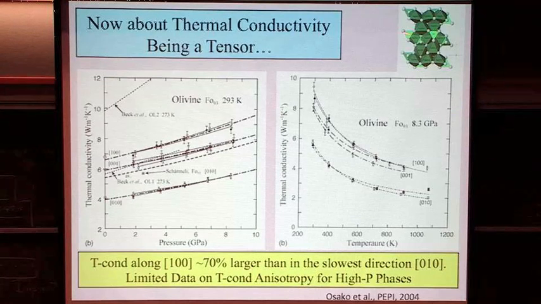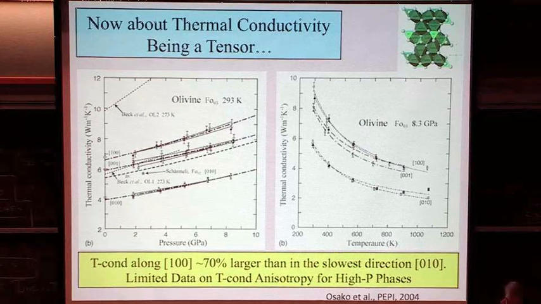Fast direction this way. And what you can see is that at both ambient temperature and at high pressures, there is a significant difference of order 70% or so, a factor of 1.7, between the 100 direction and the 010 direction.